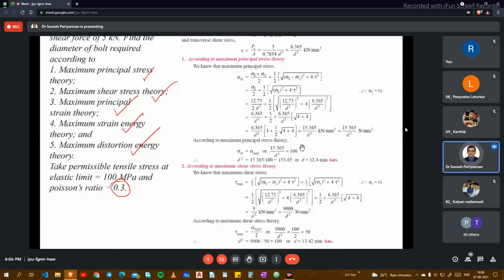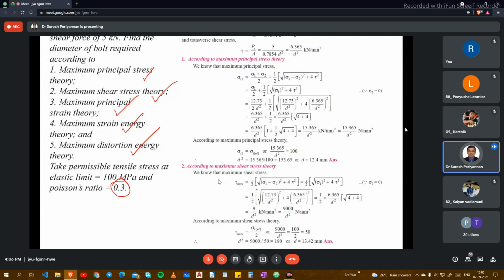The value substituted here, you are going to get tau max. Our permissible limit of tau max is based on maximum shear stress theory, where 100 is sigma yt or Syt. What is our tau max limit? How can I find it out?